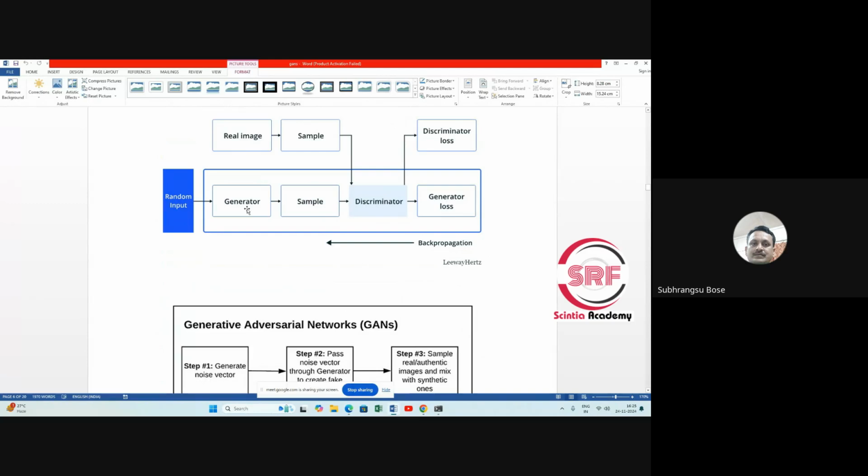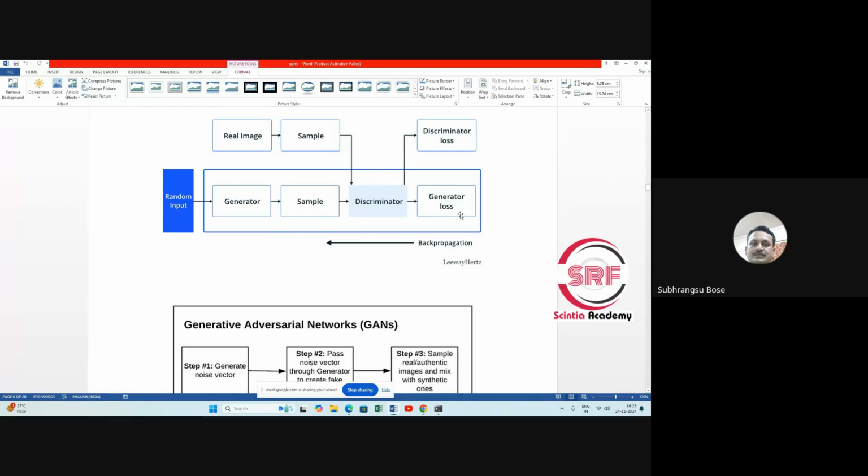Random input goes to the generator to produce a sample. Sample means a fake, created image. It goes to the discriminator, which predicts something. This is called loss. If it predicts false, a loss value is generated.